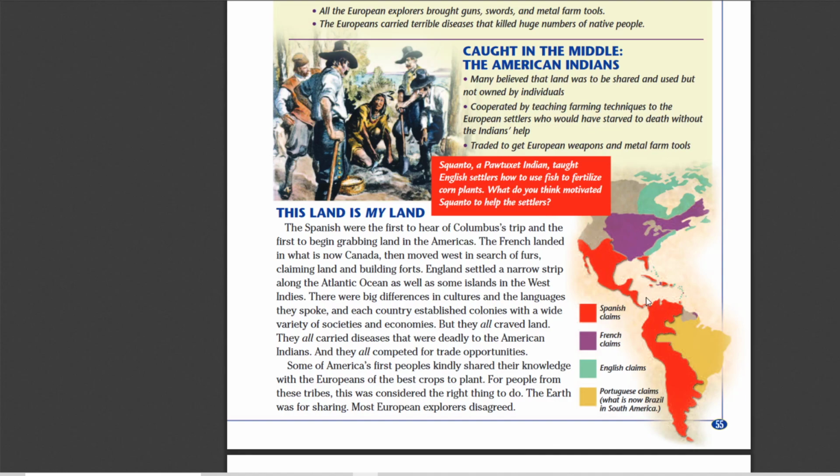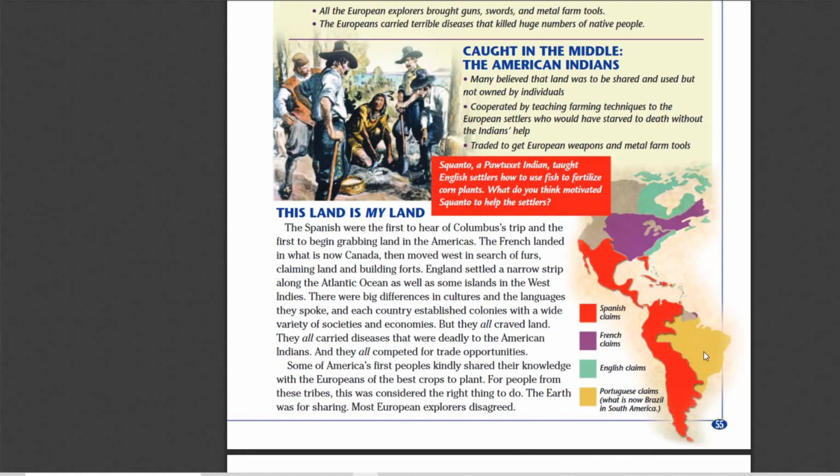And the Spanish are really throughout here from Southwest America all the way through Central America, all the way down to the very bottom, tippy bottom of South America. And the Portuguese claimed this part. There was a treaty signed by the Pope to give them this part of South America, which is why we have Brazil.